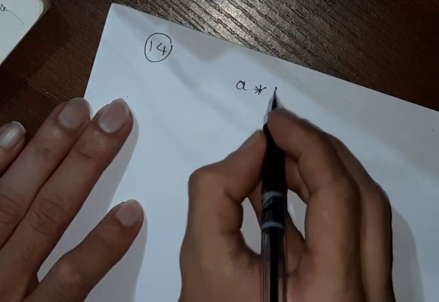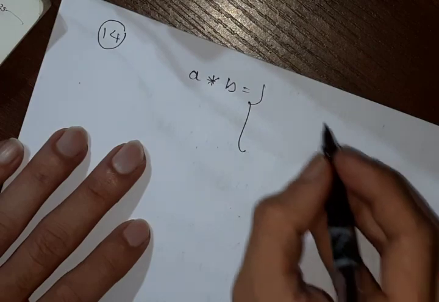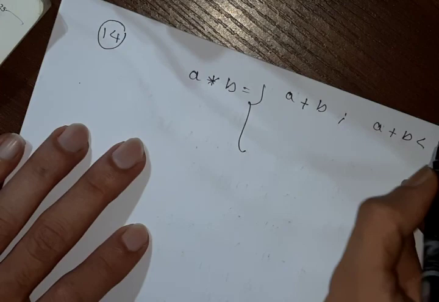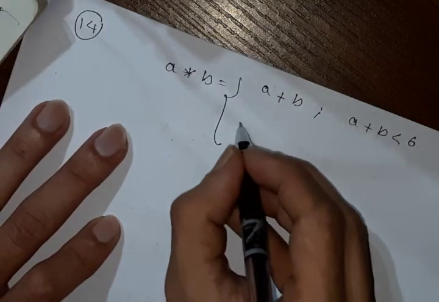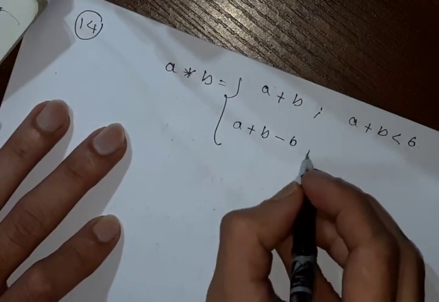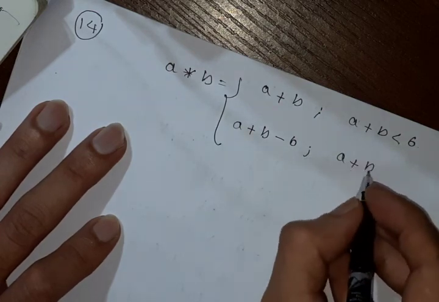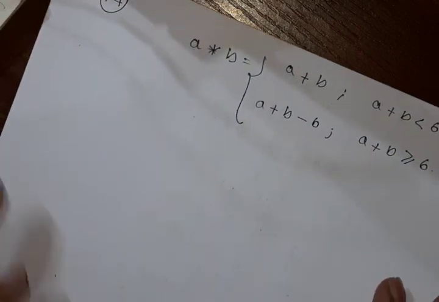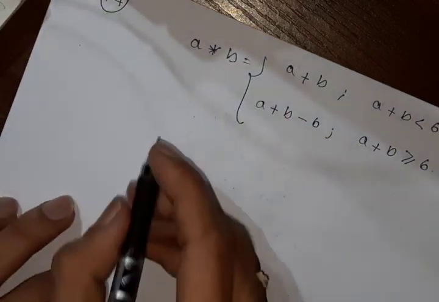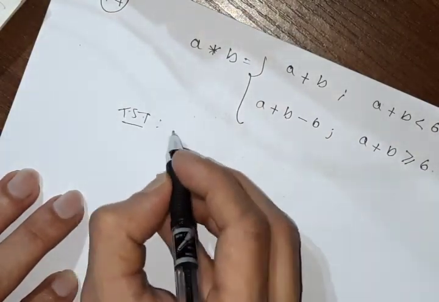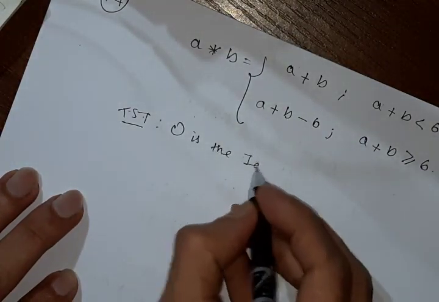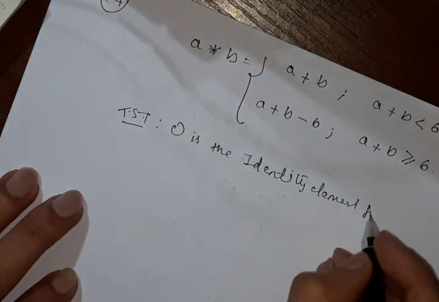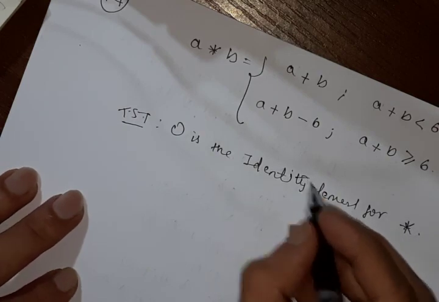So the operation is A star B equal to A plus B when A plus B is less than 6, and A plus B minus 6 if A plus B is greater than or equal to 6. That is the definition of the operation star. Now what we have to show? We have to show that 0 is the identity element for star.